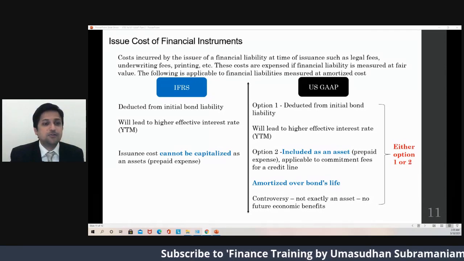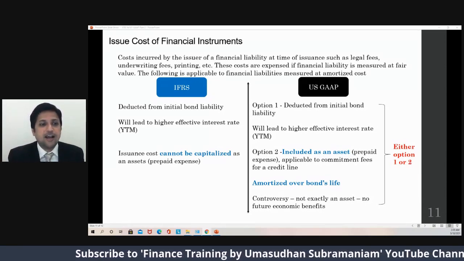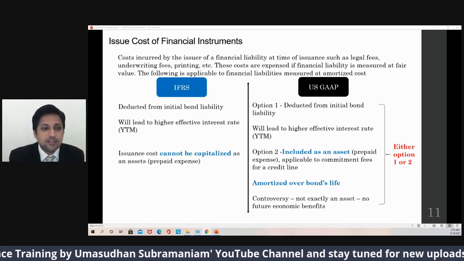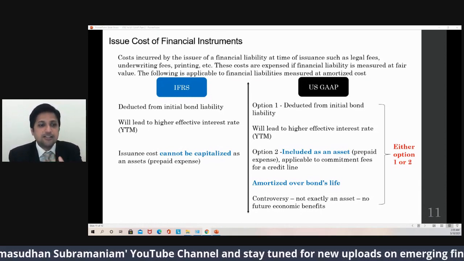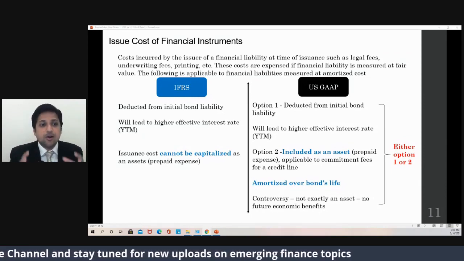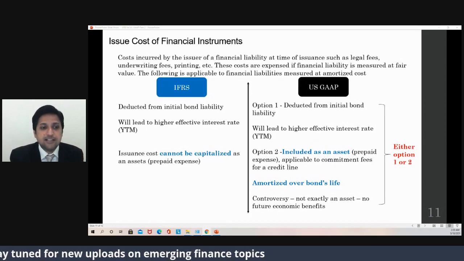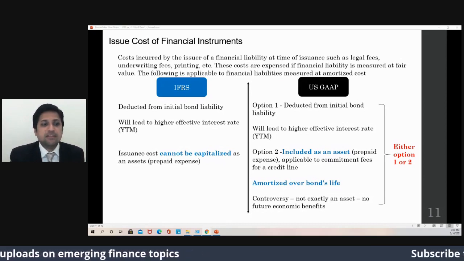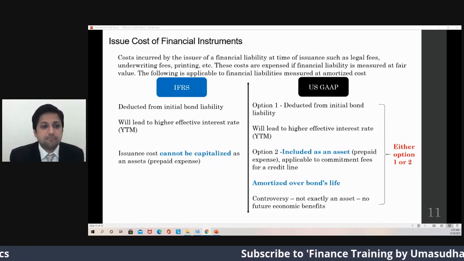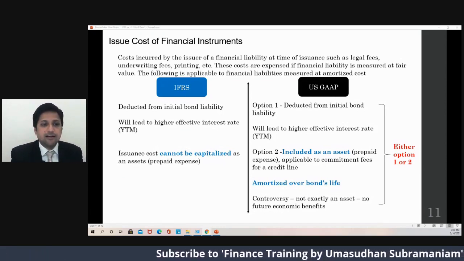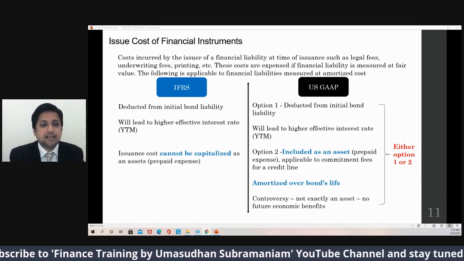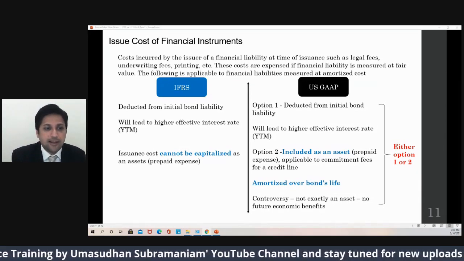If a company is going for a bond issue, there are associated costs and charges relating to the bond issue, such as legal costs, underwriting fees, and any other professional charges. All such fees relating to the bond issue can be categorized as issue costs and expensed into the P&L, both in IFRS and US GAAP, if the financial liability is accounted for at fair value.